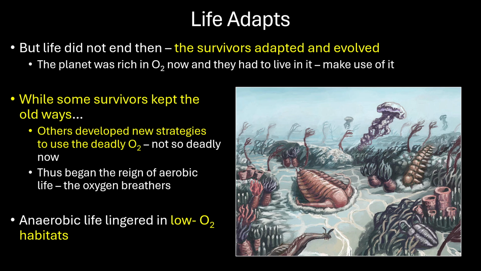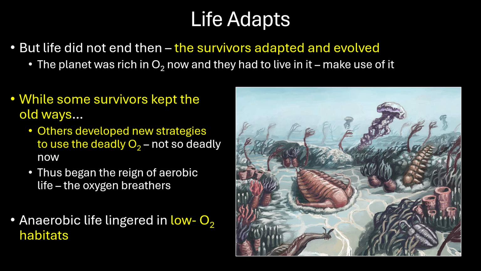Here we have the aerobes, the aerobes that developed this strategy. On the other hand, we had some organisms that kept the old ways, as you might think of it, right? The anaerobic way of life. They avoided developing these new strategies and instead changed their behavior. They went and survived in areas that were naturally low in oxygen. They stayed in areas where they could be safe from these toxic byproducts that were now so abundant in the environment.